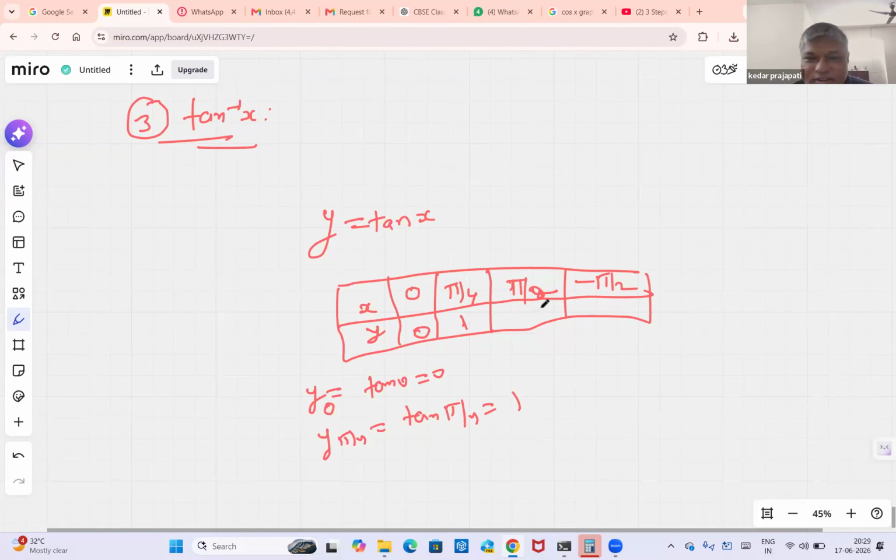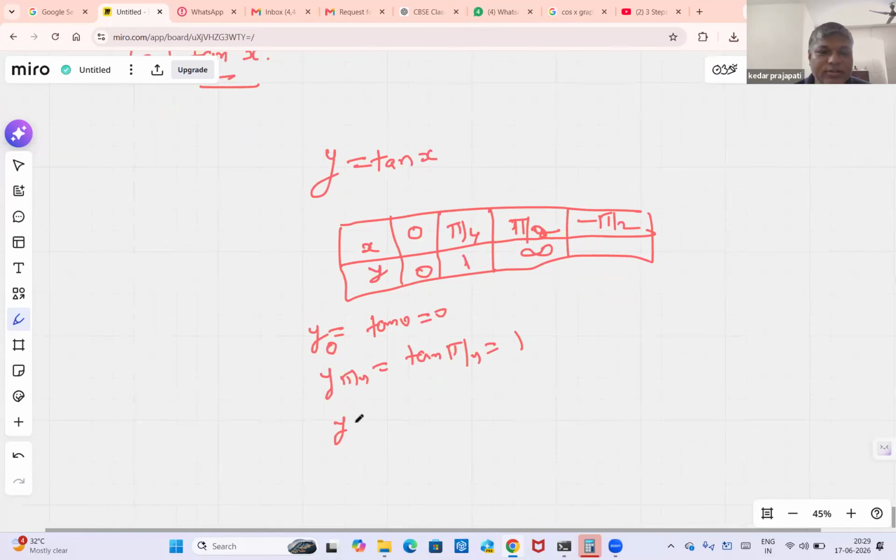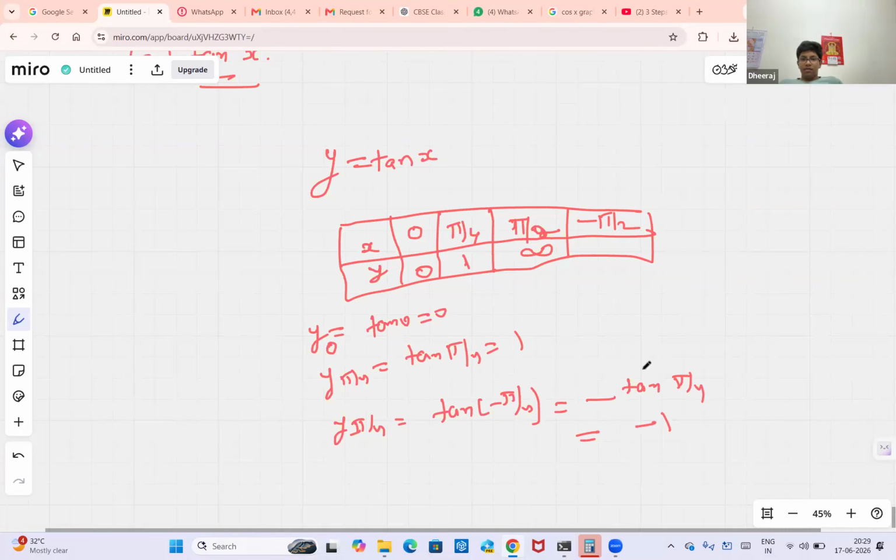Tan 90 is undefined. Now I'll take minus pi by 4. Y at minus pi by 4 will be tan of minus pi by 4. This is nothing but minus tan pi by 4. Yes. This is minus 1.